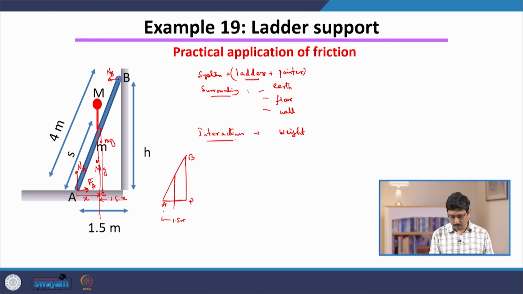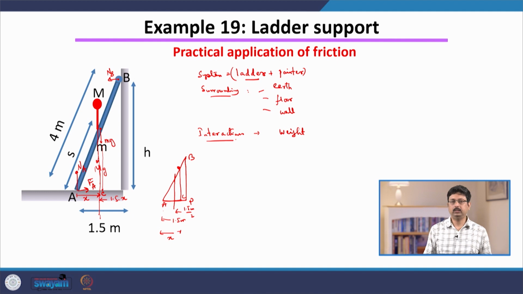This point must be 1.5 meter by 2, and let us call that S. So, this is the line of action. This point is C, and this AC is X.